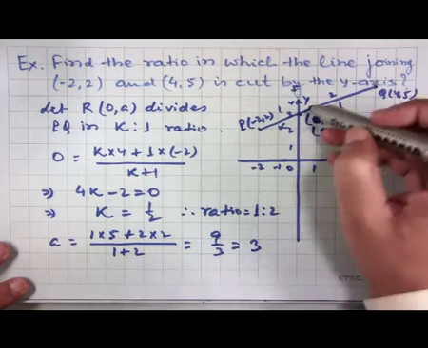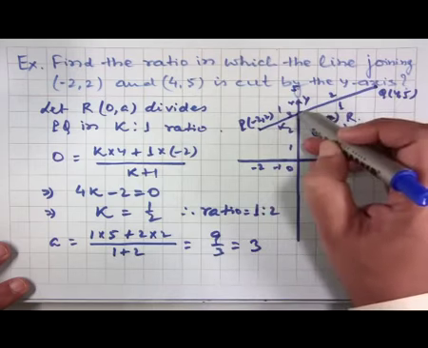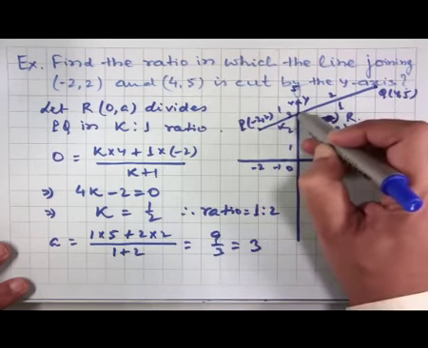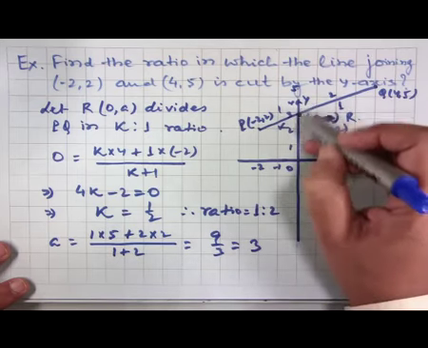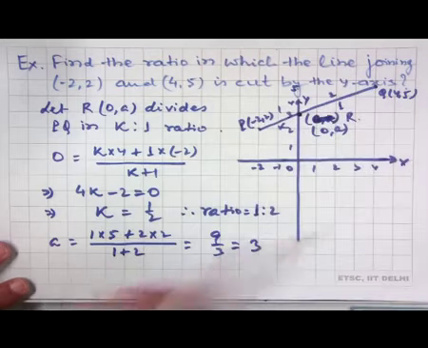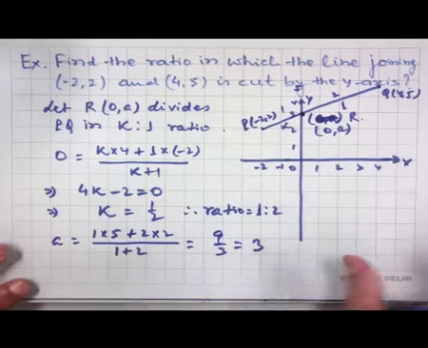And we see that this PQ intersects the y-axis at 3. So this ratio is correct.